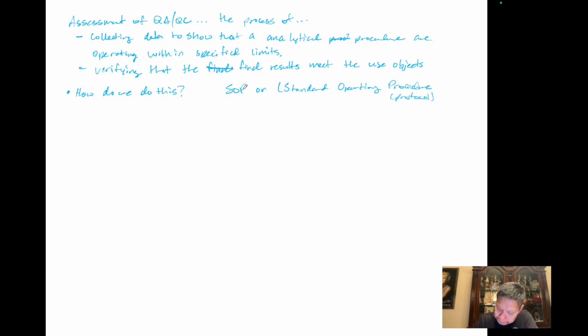We also assess QAQC by looking at documentation in laboratory notebooks. I told you laboratory notebooks are important, right?